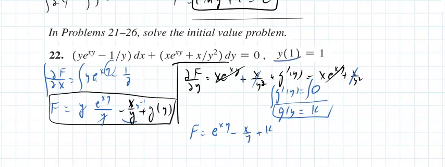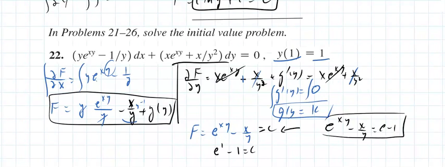Now if I set this equal to C, like what I've been doing, then I know that when x equals 1, y equals 1, that's e to the 1 minus 1 over 1 equals c. So I could say e to the xy minus x over y equals e minus 1. There it is. That's the answer.